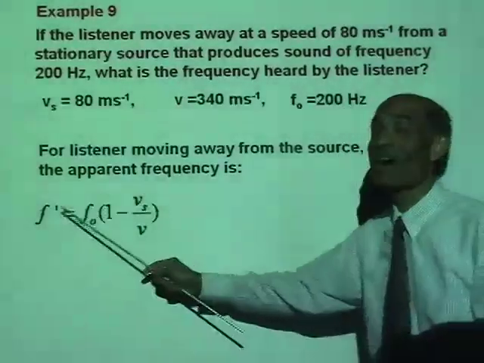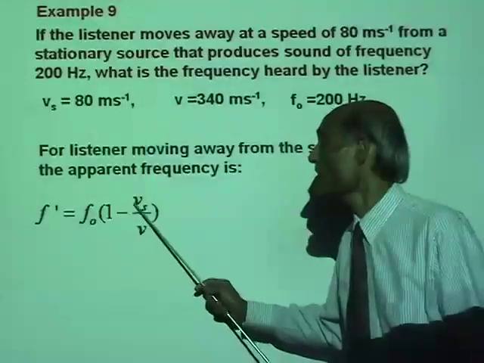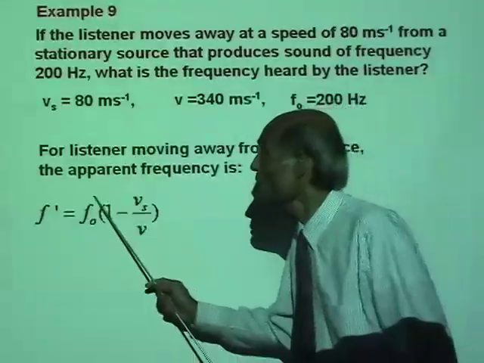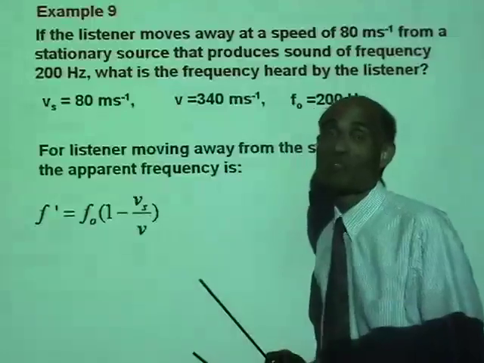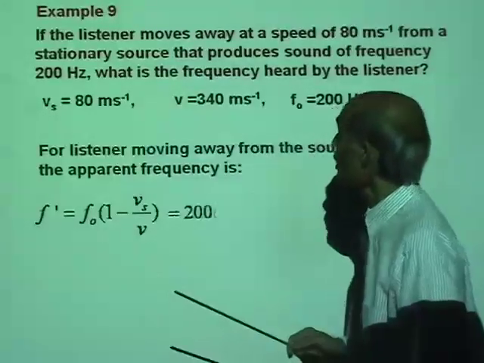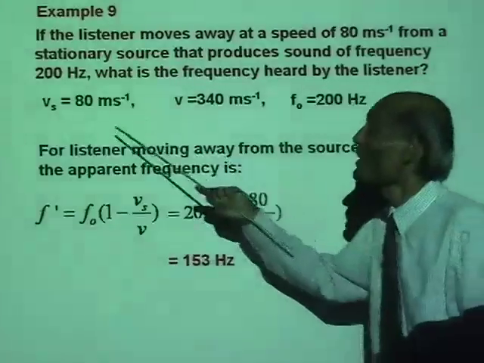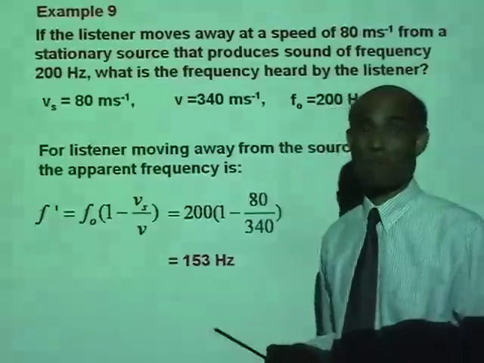That will be f prime equal to f0 times 1 minus Vs over V. We have all these values. We have f0, we have Vs, and we have V. So put them all in its appropriate place and calculate it. You can see, once you know the formula, the problem is solved.